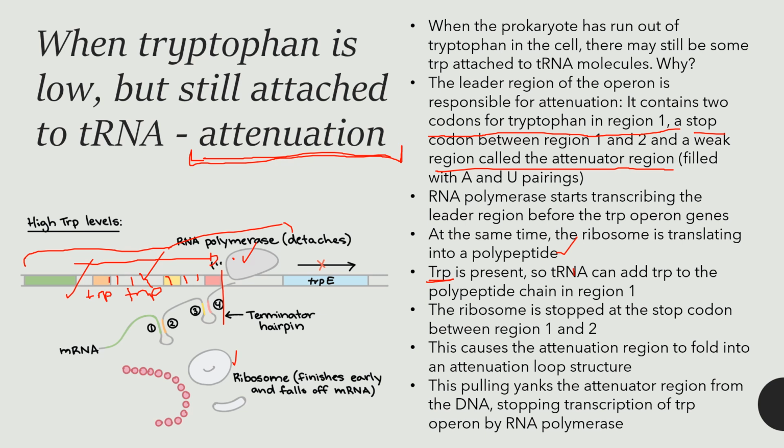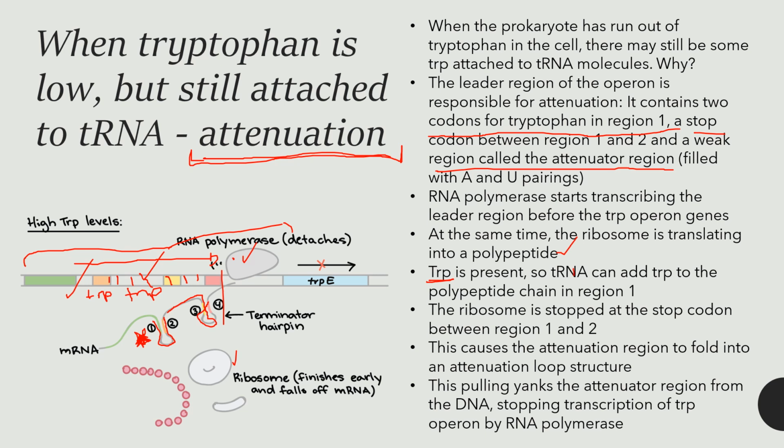Stopping at that particular point causes something called an attenuation loop, or a hairpin loop, or an attenuation structure to form. So this forms at that weak region. So that weak region, here it is, these little loop structures. This weak region of AU base pairings, because there's only 2 hydrogen bonds, so it's very weak. So these weak regions cause this RNA to pull into these attenuation loops, hairpin loops, whatever you want to call them, these structures.